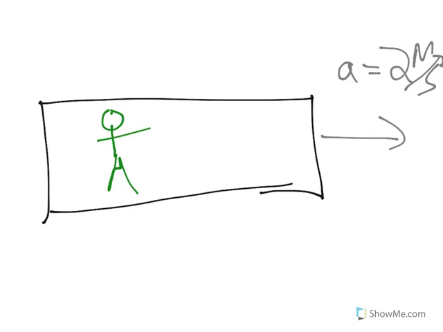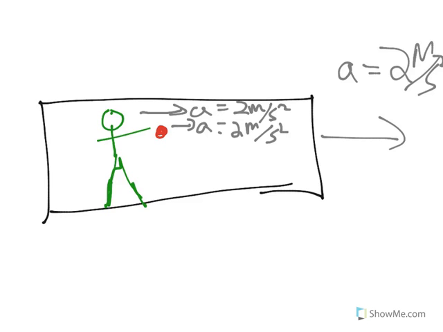If your feet are touching the ground and you're standing upright and maintaining your posture, you will also be accelerating at 2 meters per second squared. As long as the ball is in your hand, since you're accelerating at 2 meters per second squared, so is the ball, because you're applying a force to the ball by holding it to keep it in motion.